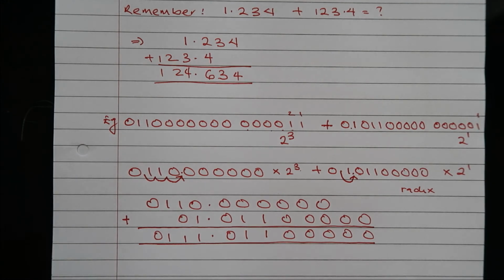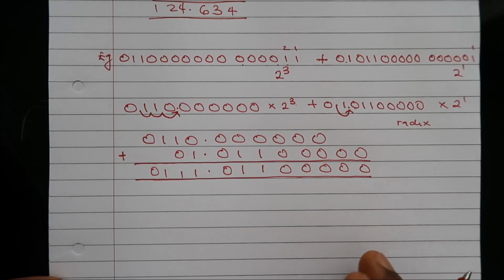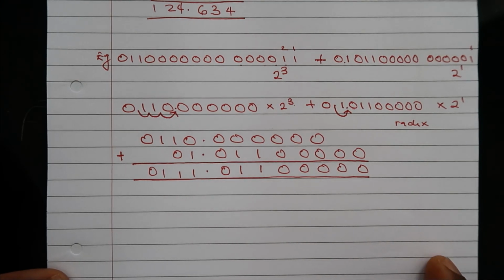If in the exam you are asked to normalize, please make sure you watch my video on normalization, or if you don't understand normalization, you can find other resources that will teach you how to normalize values.